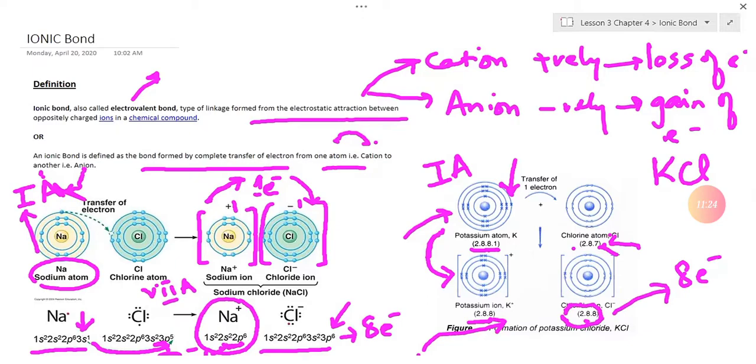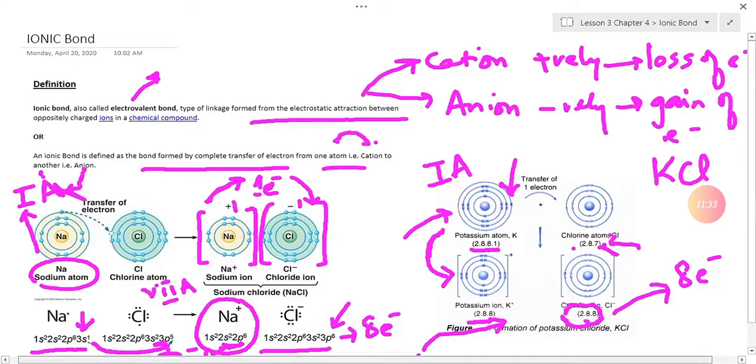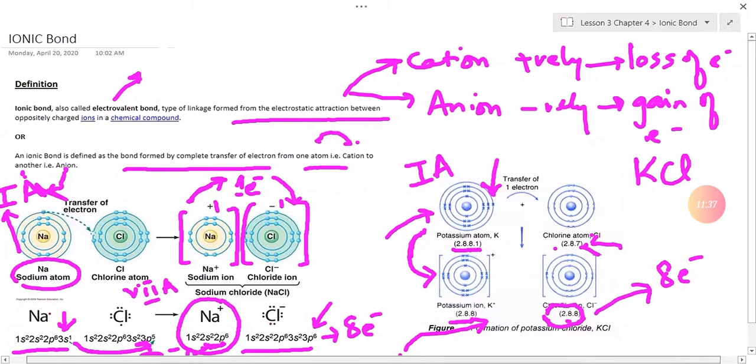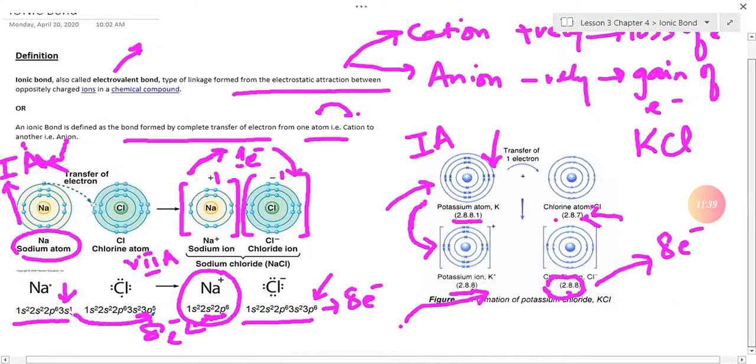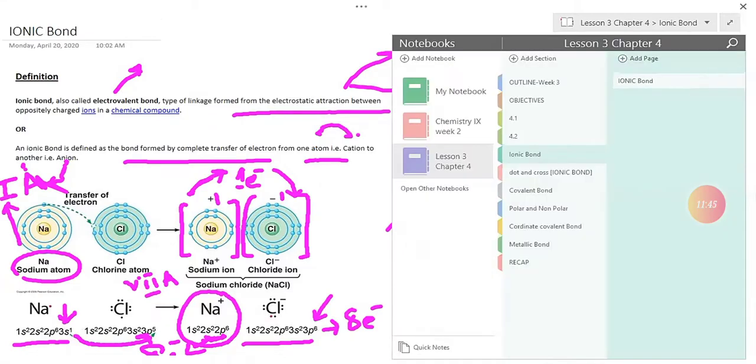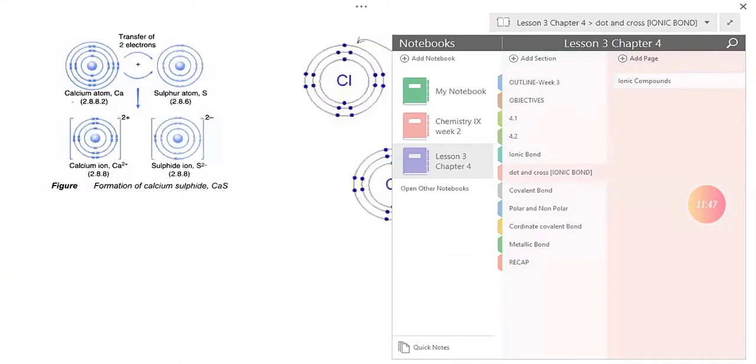So after forming the ion, chloride has 8 electrons in the outermost shell, and after forming potassium ion, once again the octet has been achieved. So this is how stability is gained by the atoms by loss and gain of electrons respectively. So loss and gain of electrons is important to understand.